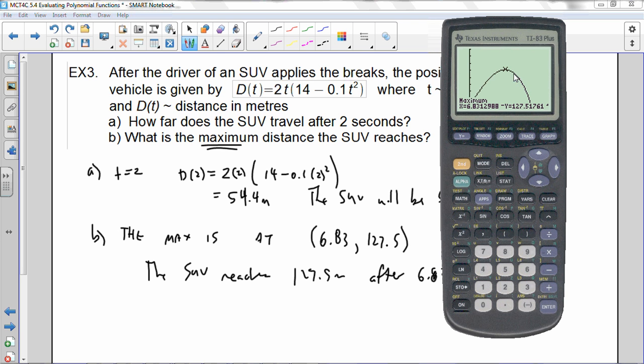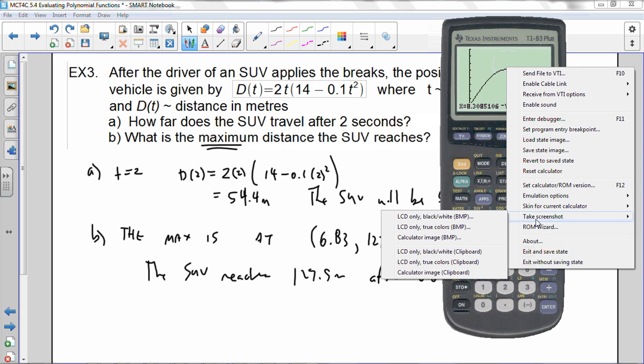The SUV would start traveling backwards, and in fact, later on, right at this spot here, it ends up being back to the spot where they started. The distance becomes 0. From here on in, from right here, I'm going to take a picture of this and start marking it up because this is a bit silly.